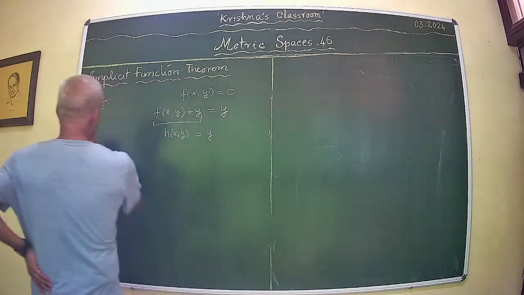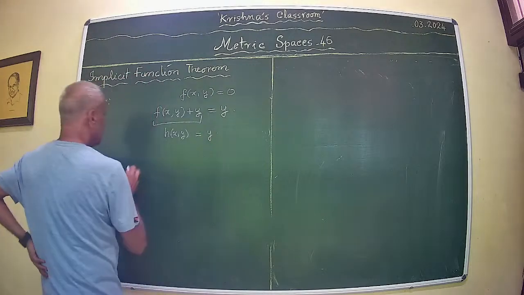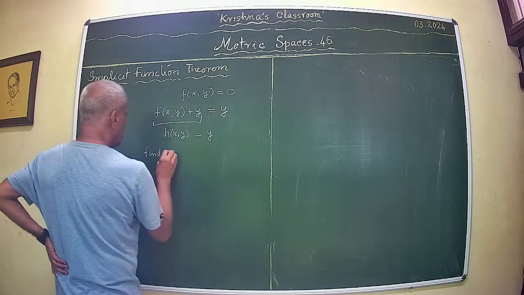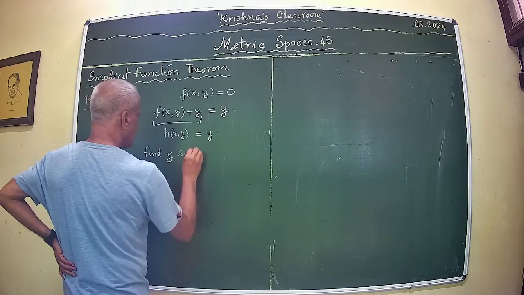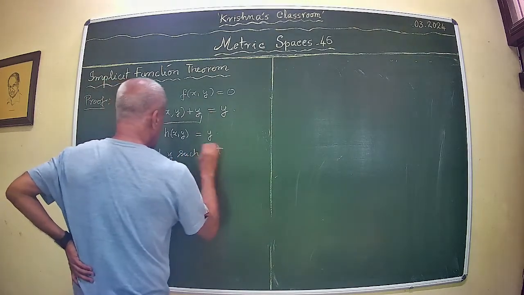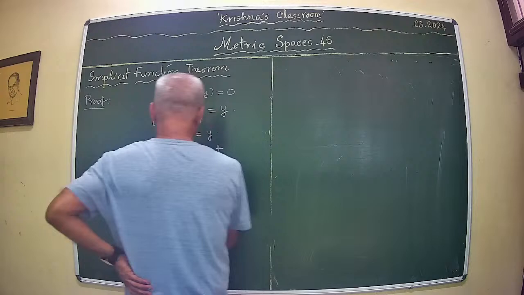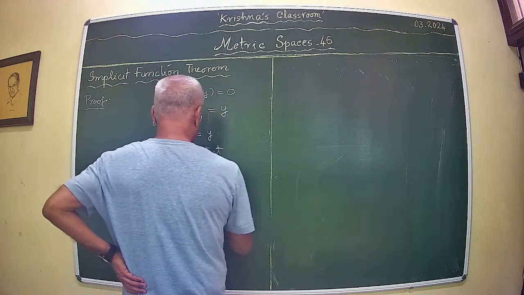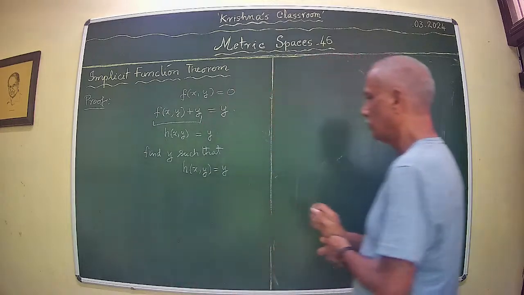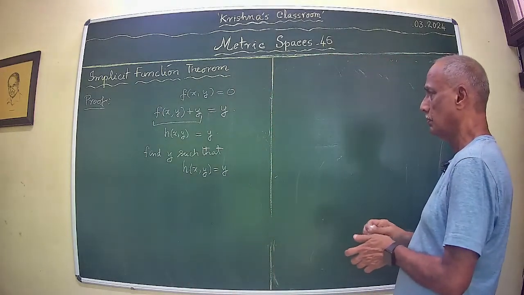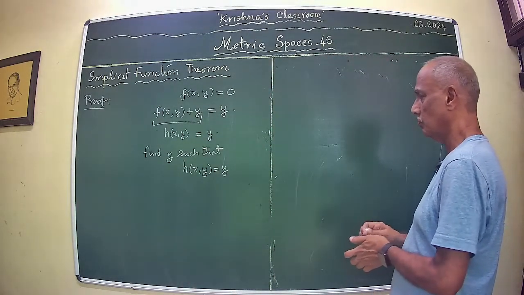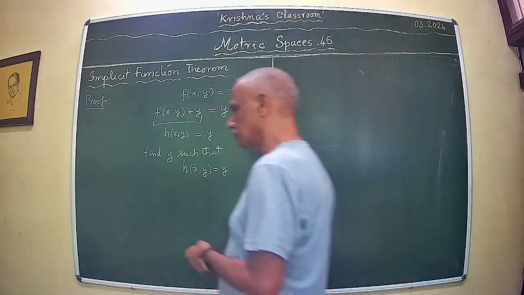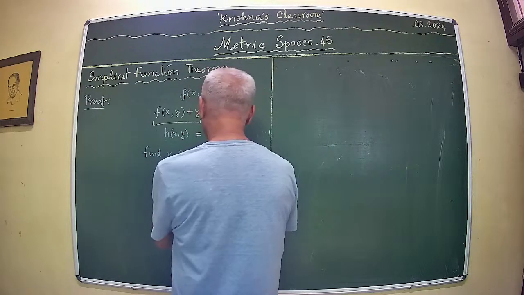In that case, the problem is to find y such that h of x, y equals y, that is, seeking a fixed point for this.